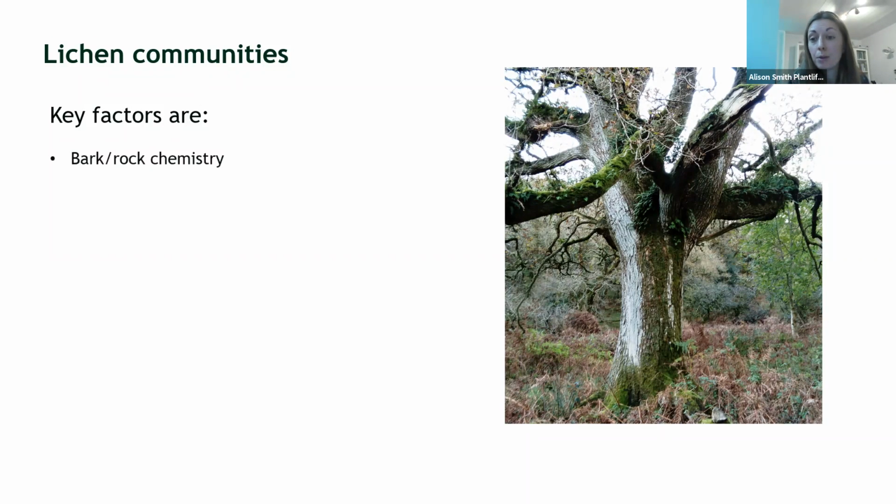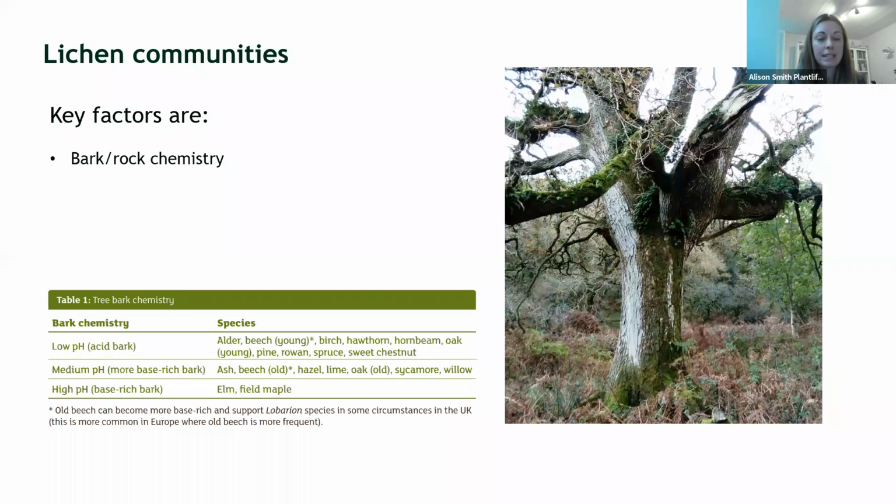And the factors that influence the lichen communities that you find somewhere are the chemistry of the substrate they're growing on. So in the case of temperate rainforests, the tree bark or the rock that they're growing on. And there's a table here which is taken from our management guide for temperate rainforests, which just shows you the pHs of different tree species, the bark on different tree species.